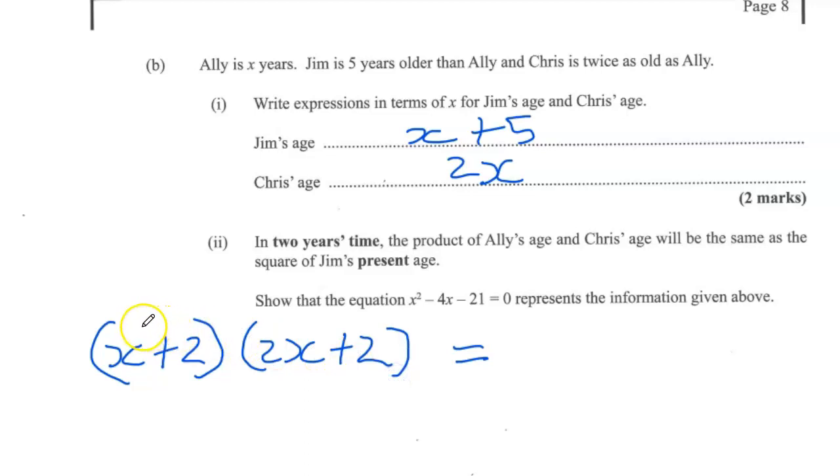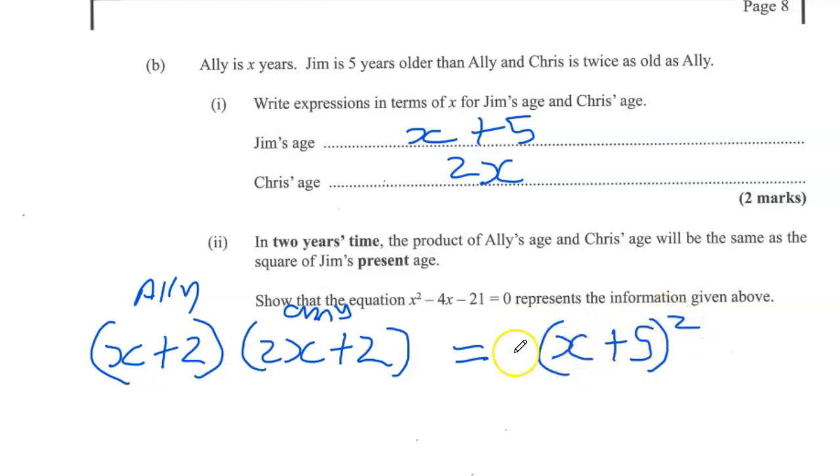The product of these will be the same as the square of Jim's present age. Jim's present age is x plus 5, so the square is (x plus 5) squared.